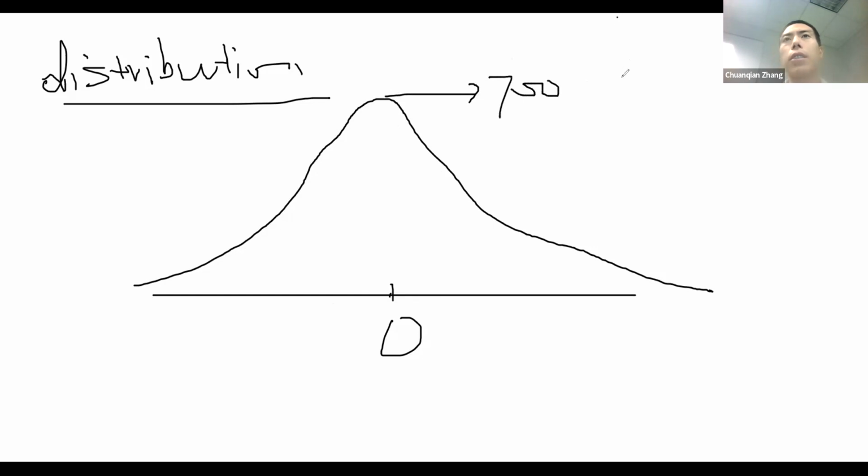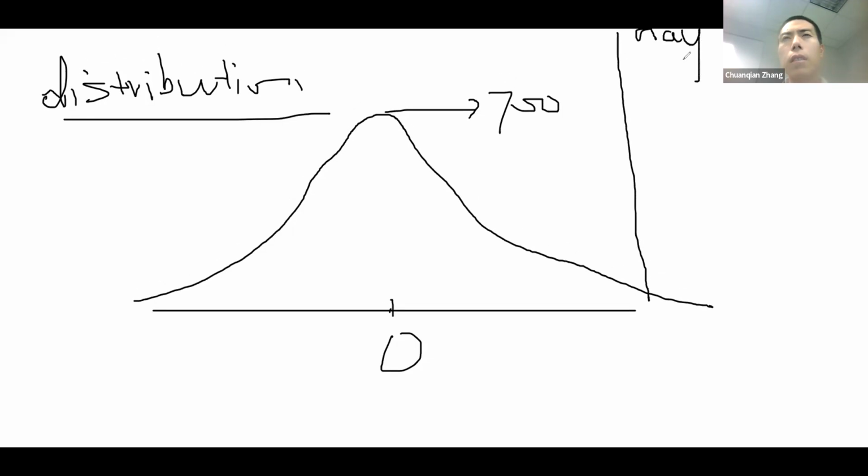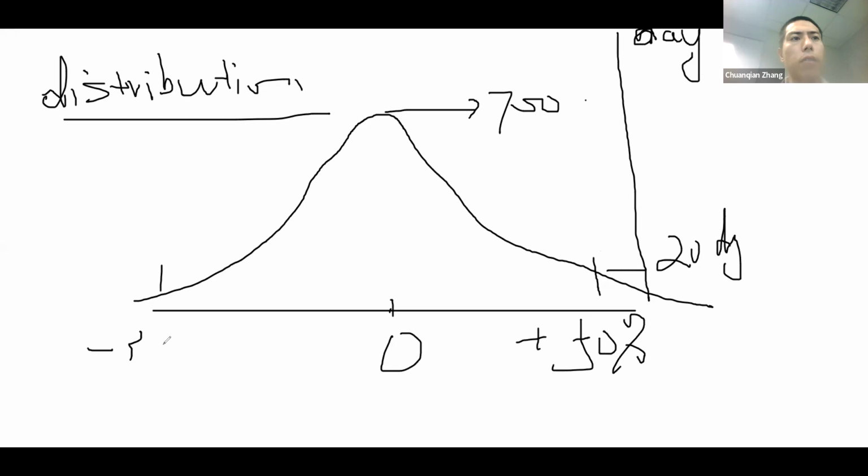This is the total count of days. Now if you have a positive, say 50% return, that's definitely a low chance, probably only 20 days. And for negative, say negative 30%, it's similar, let's say 15 days. So that is the distribution.